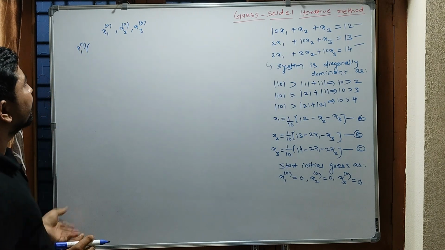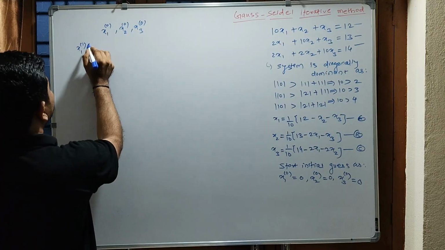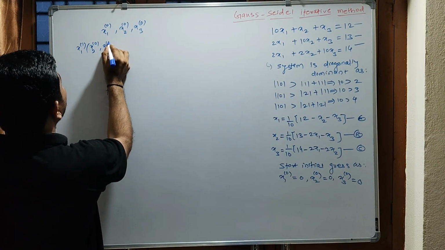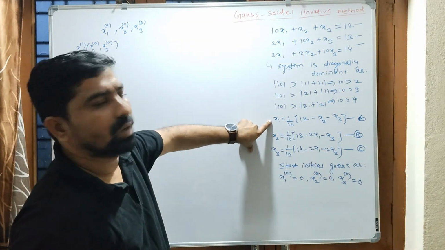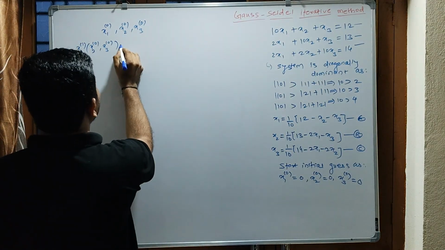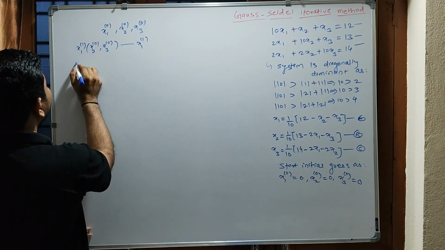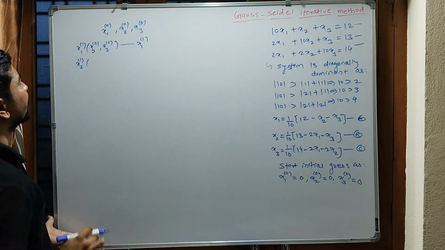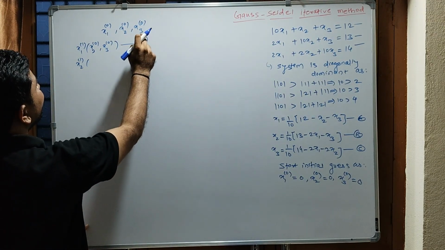While finding x1 at 1, I am using x2 at 0 and x3 at 0 in equation 1, as I don't have any other choice. With this I get x1 at 1. Now I want to find x2 at 1.